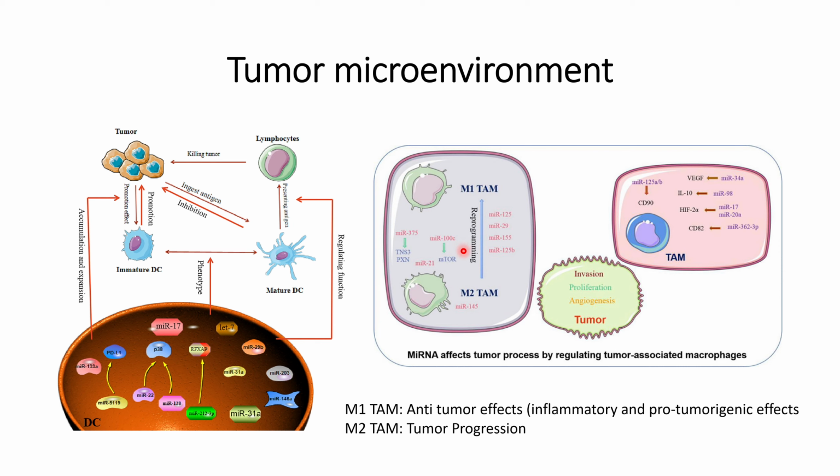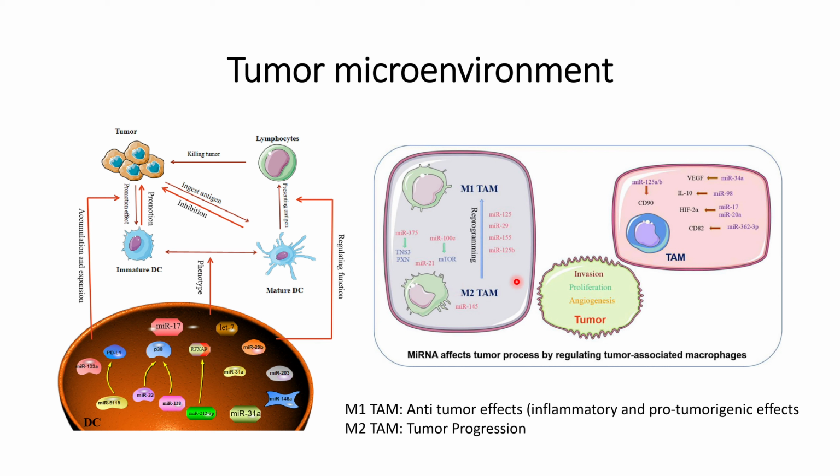What has been found out from past studies is that M1 TAM promotes anti-tumor effect, or it will promote inflammatory effects, whereas M2 TAM promotes tumor progression. In case of no microRNA, the proportion of M2 TAM is more in the tumor microenvironment.